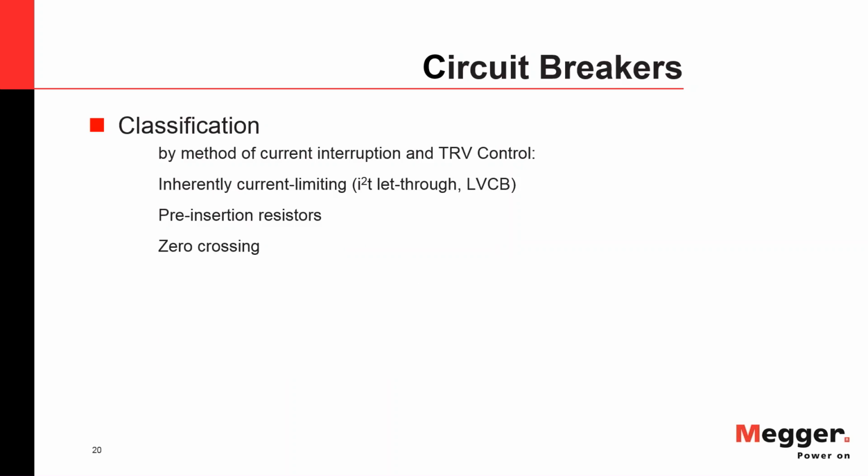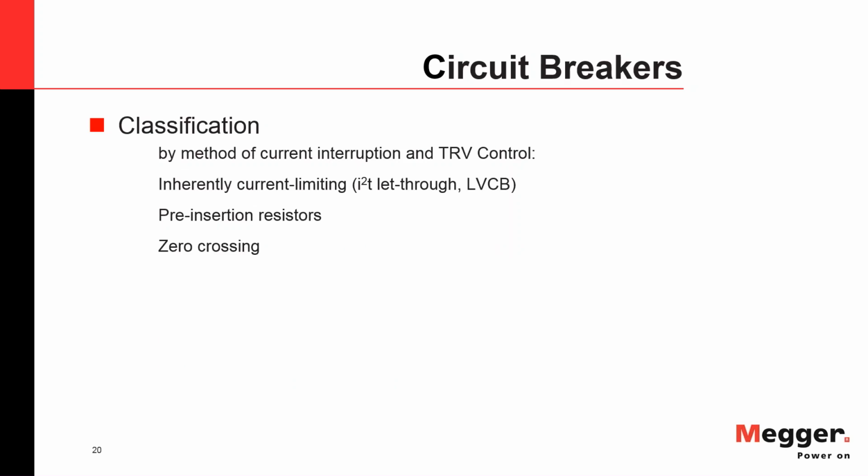Then you can classify, which is important for our understanding of low voltage breakers, by the method of how they interrupt the current and how the transient recovery voltage is controlled. So all the low voltage circuit breakers, because they're constructed in a certain way, are inherently current limiting. And I will explain that in a second.